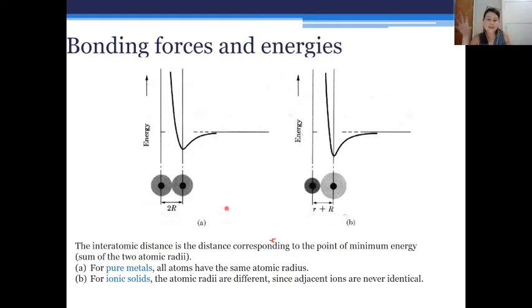And in that case, the interatomic distance is equal to the sum of their radii. So this little r for the smaller atom, and the big R for the biggest atom.